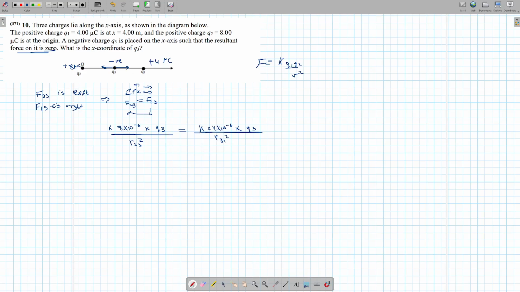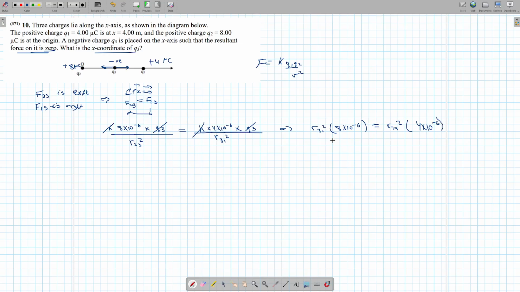Okay, so we can cancel some things here. We can cancel k with k, and Q3 with Q3. Also, since they're just trying to find the x-coordinate, the distance, this is very convenient. If you cross multiply, R31 squared times 8 times 10 to the negative 6 is equal to R23 squared times 4 times 10 to the negative 6.